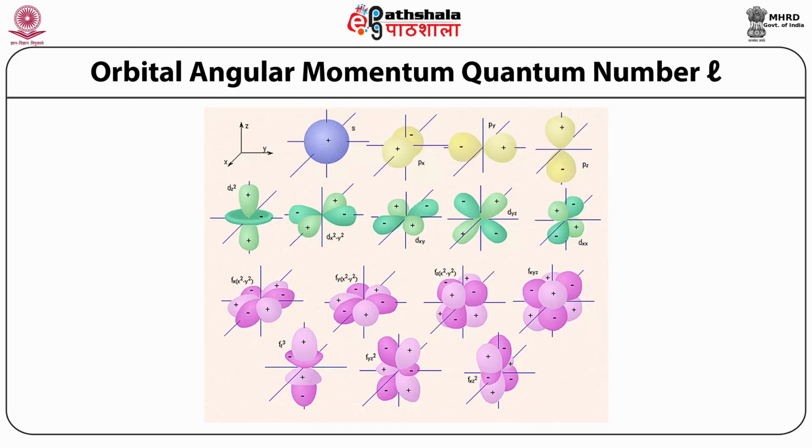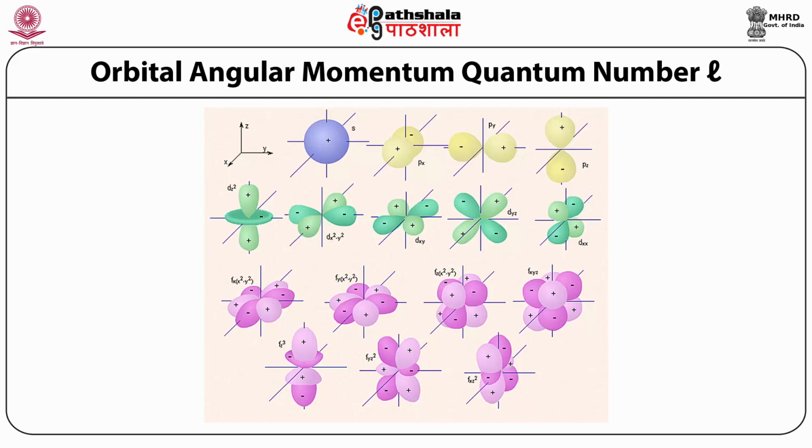The s orbital, as you can see from this figure, has a spherical symmetry and exhibits even symmetry about the origin in every dimension. Other orbitals exhibit odd symmetry about the origin.